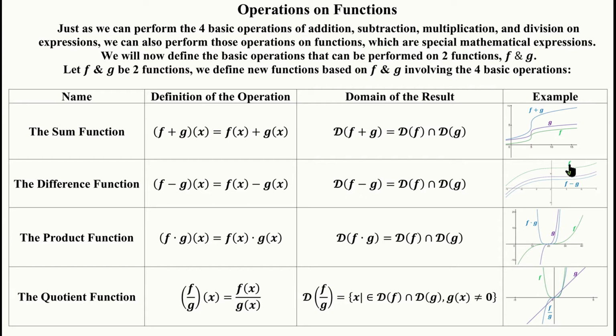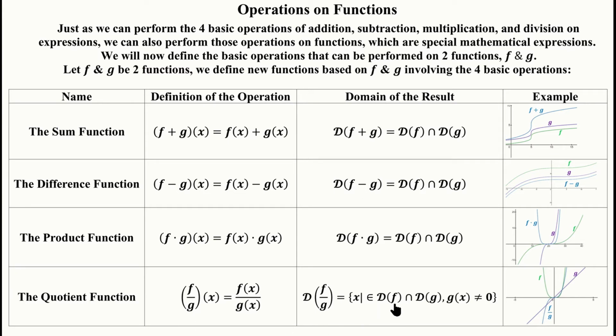Like here you have a function f and a function g. When you subtract it, you get this lower function f minus g. Once we get to multiplication and division, the relationships become quite complex, not easy to guess or visualize. So here we have the sum function, the difference function, the product function, and the quotient function.